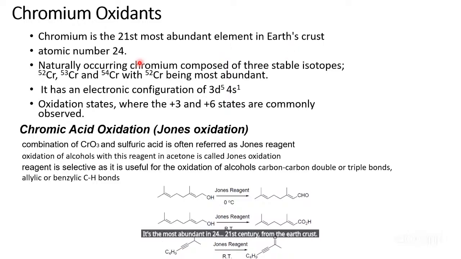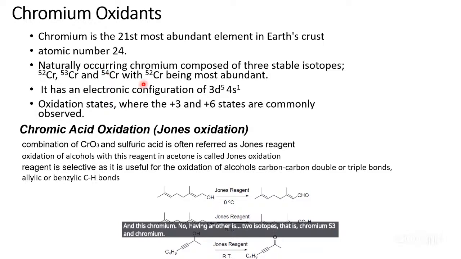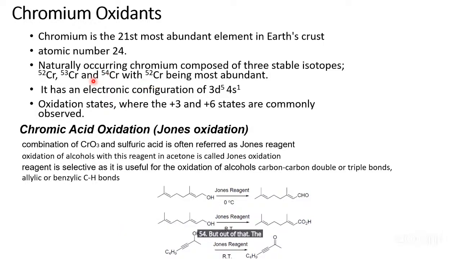Everyone knows the atomic number of chromium is 24, so it has an electronic configuration 3d5 4s1. Chromium also has other isotopes, chromium 53 and chromium 54. But out of that, chromium 52 is naturally abundant in nature. It possesses two oxidation states, commonly +3 and +6 oxidation state.